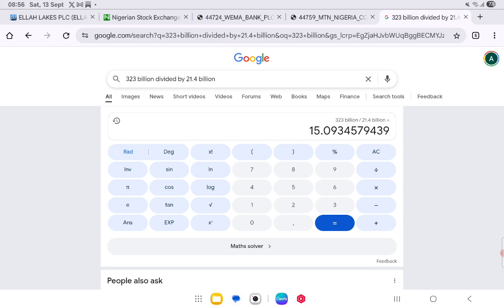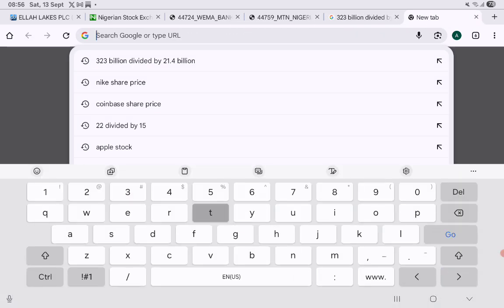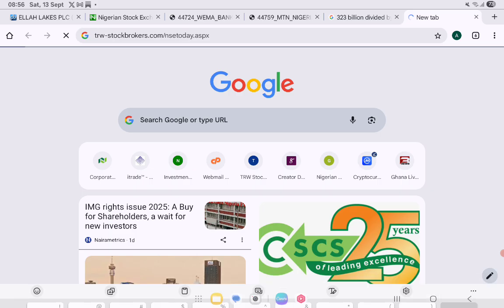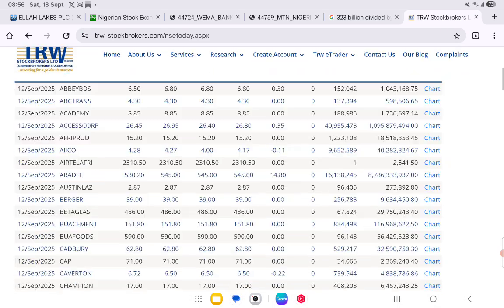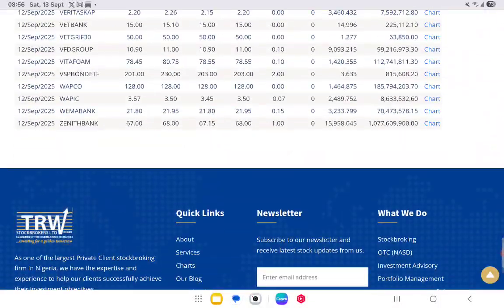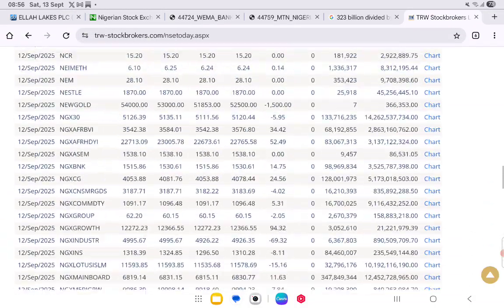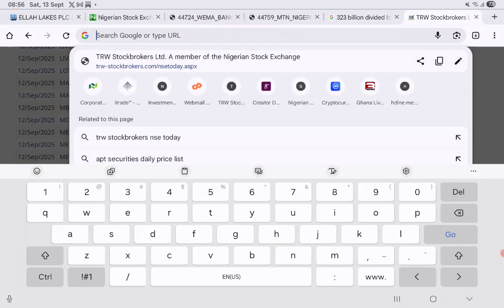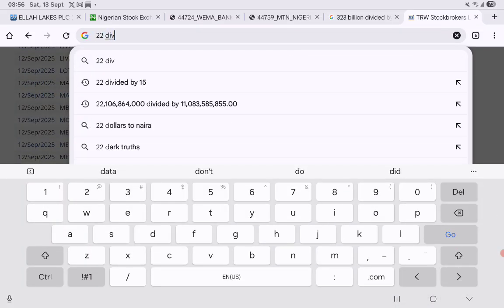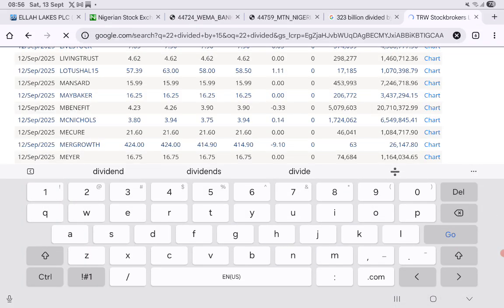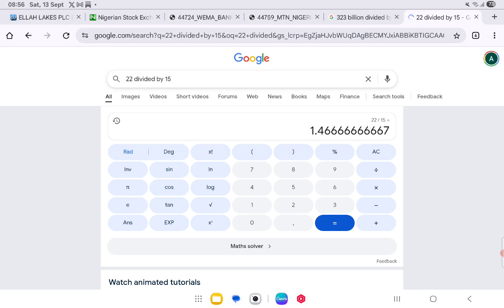But let's see what the bank closed at on Friday. So Wema closed at 21.95. That's 22. So if I take 22 divided by 15, that's about 1.46 times book value.